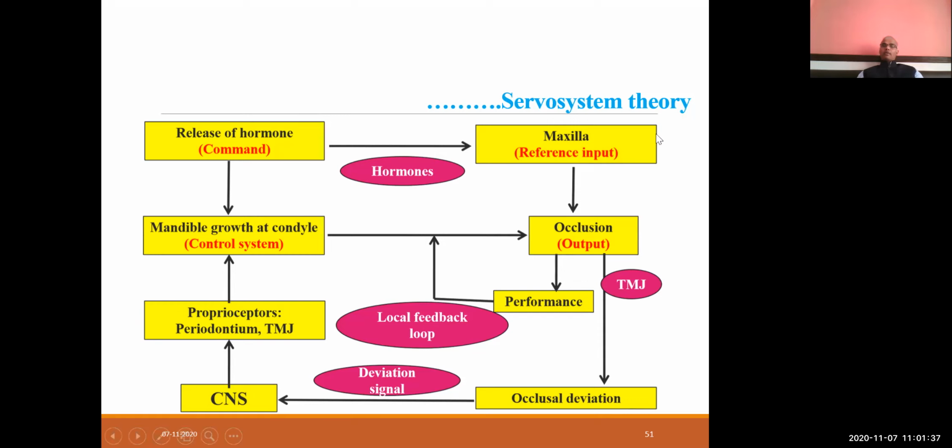And again, the growth of the maxilla causes deviation in occlusion, and these cycles go on, so the growth of the mandible follows the growth of the maxilla. So here you can see there is a local feedback loop in the case of the mandible, whereas in the case of the maxilla there is no feedback loop.